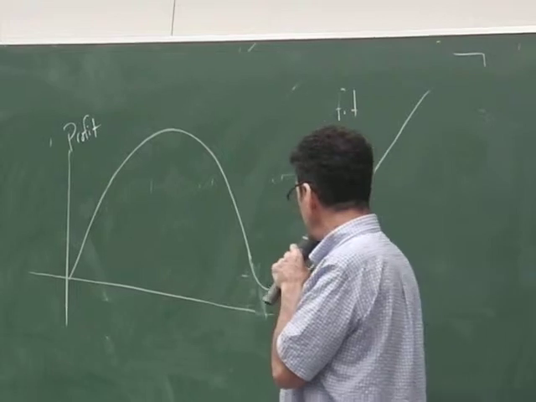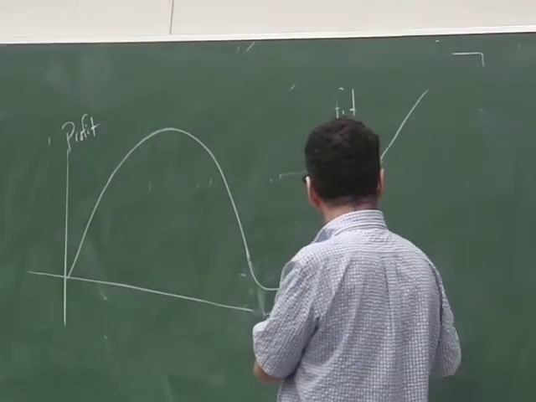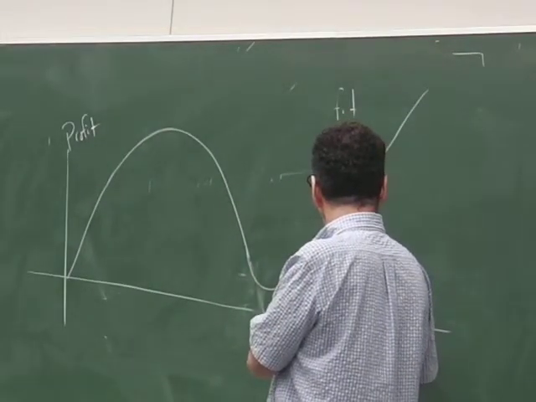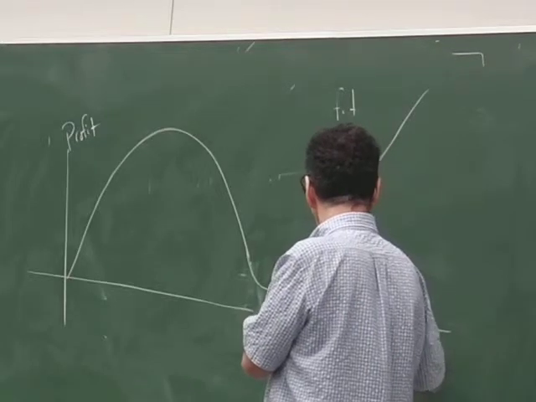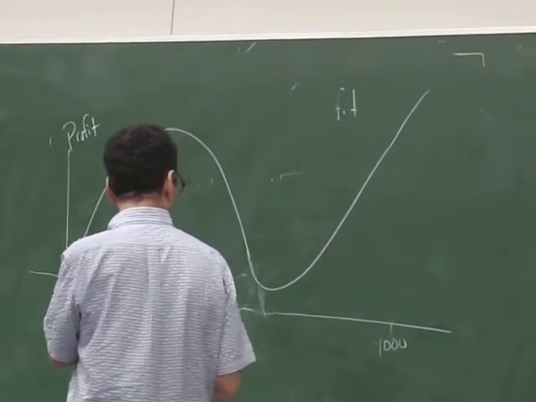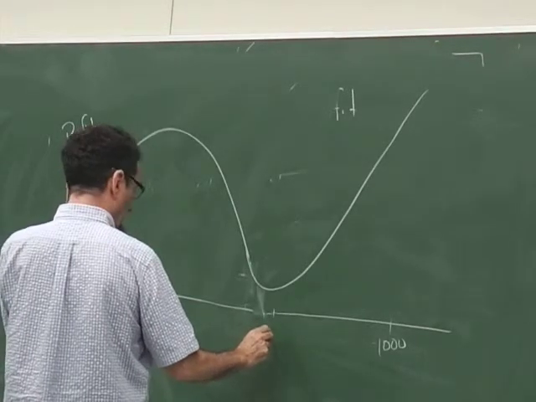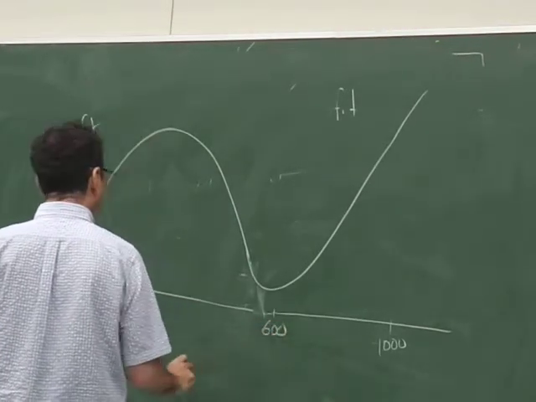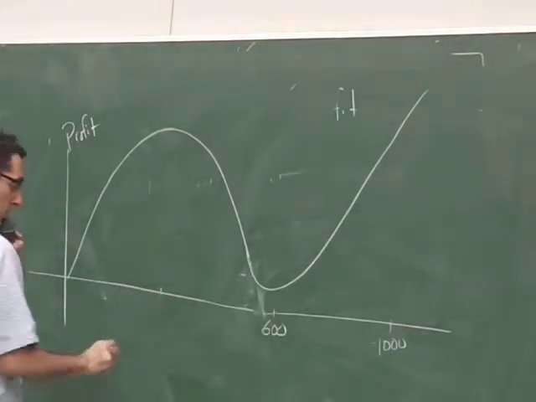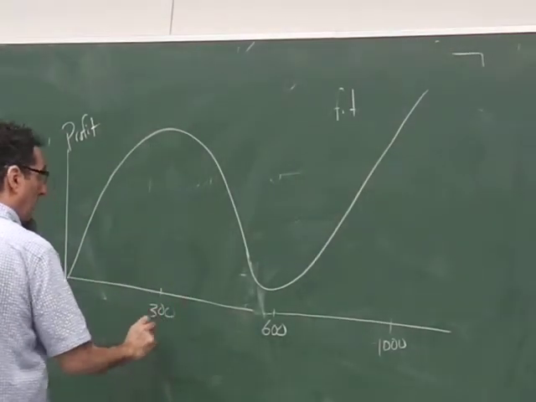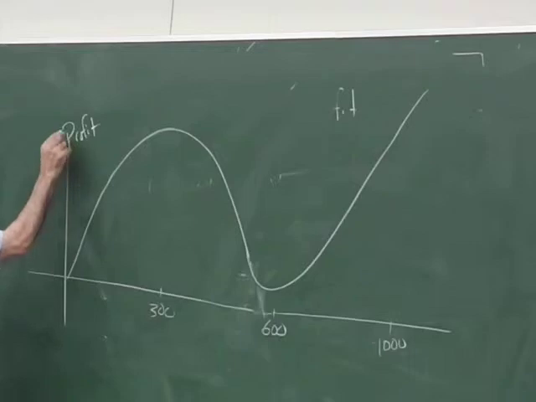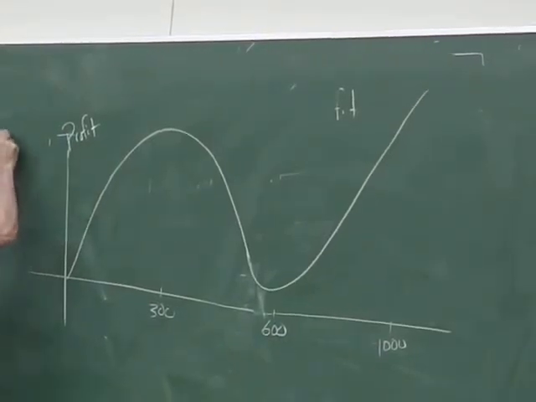Okay, now let's say this is 1,000. This is 600. This is 300. This is 1,000,000.